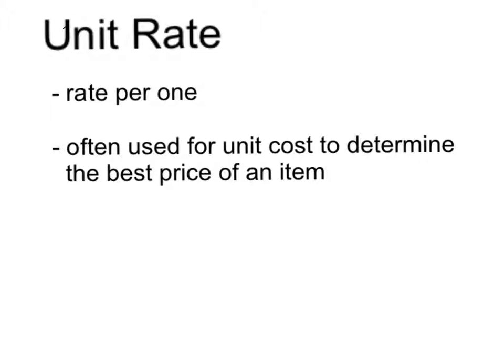And most rates are given as unit rates. So for example, 55 miles per hour is a unit rate because it's 55 miles in 1 hour or per 1 hour. But many times where this is used is for a unit cost to determine what's the best price of an item.